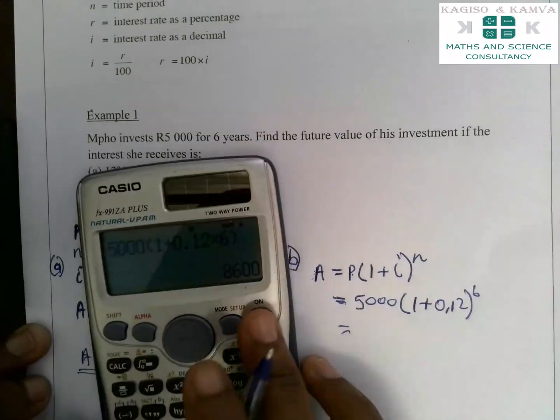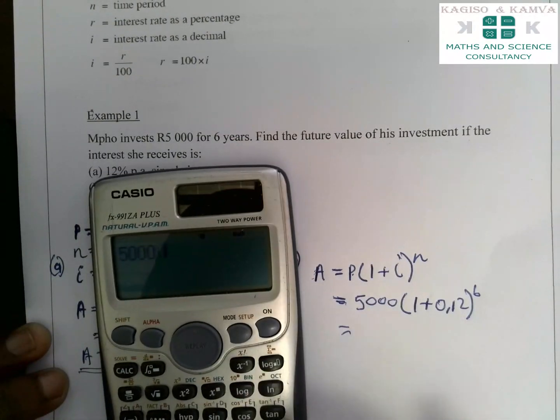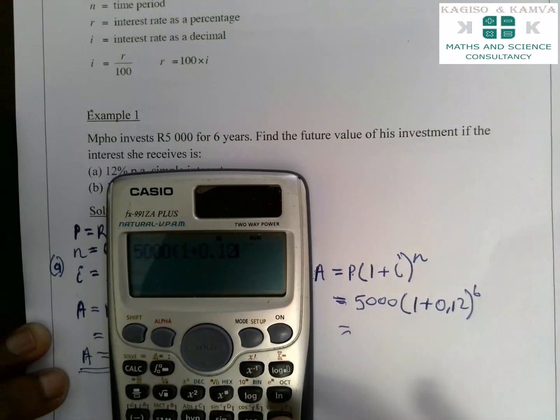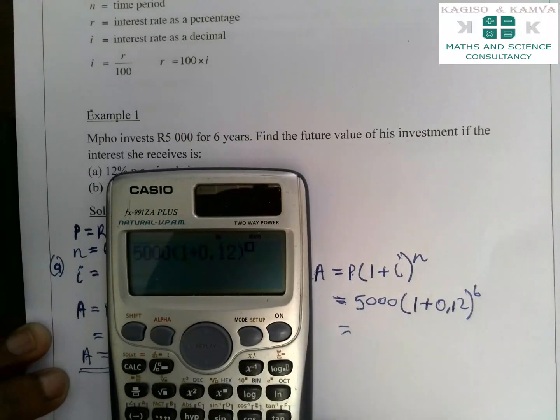So the answer is 5,000 into (1 plus 0.12) to the exponent 6.